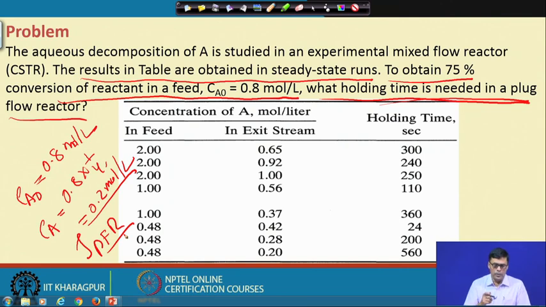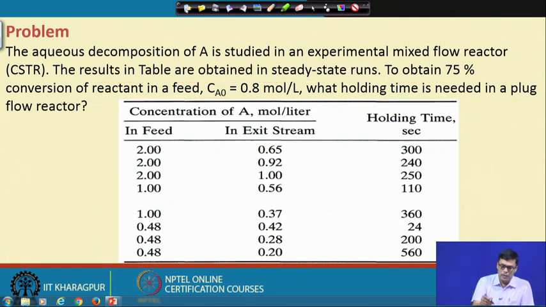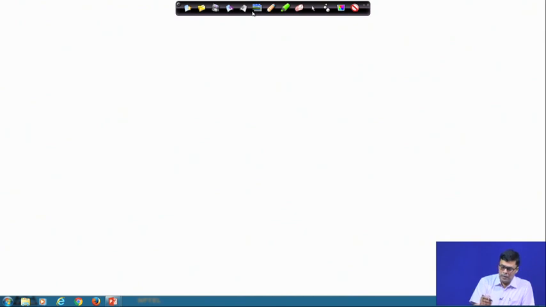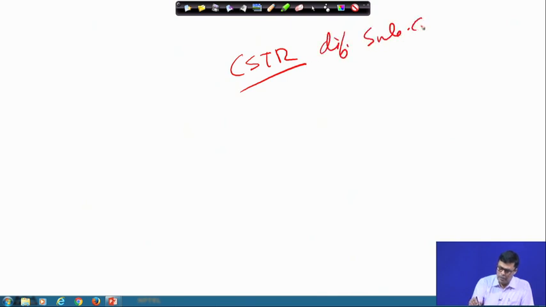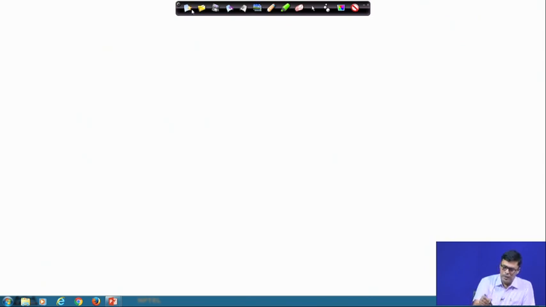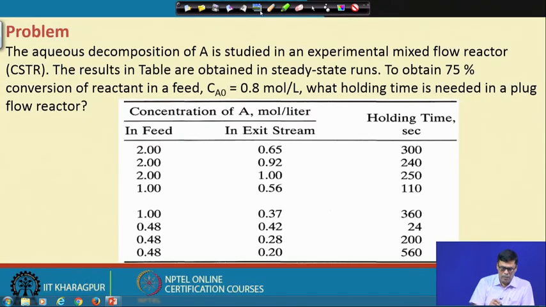So in this problem, what is given? In this problem we operate the CSTR at different substrate concentrations, and you see that the feed stream is this, the exit stream is this, and the holding time is like this.